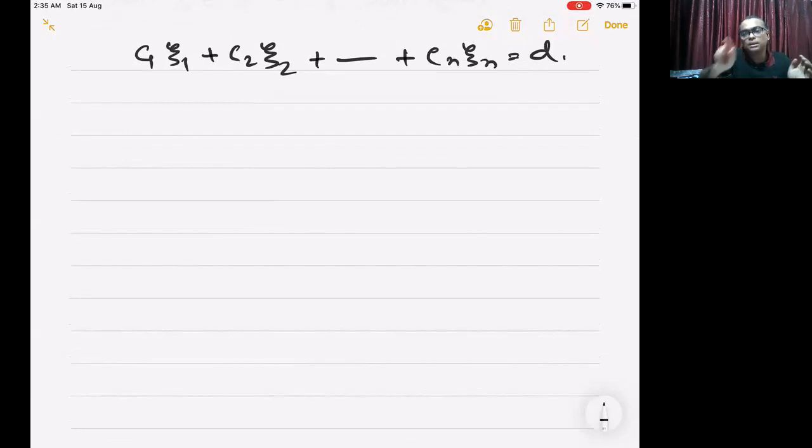I can form another new equation by taking linear combinations. So I can form as many new linear equations as I feel like. No one can stop me from doing that, which means I can now have different systems of equations. And that is where this thing comes in, namely equivalent systems.